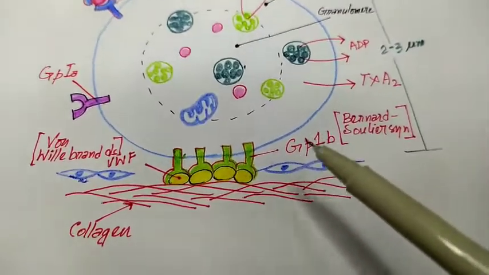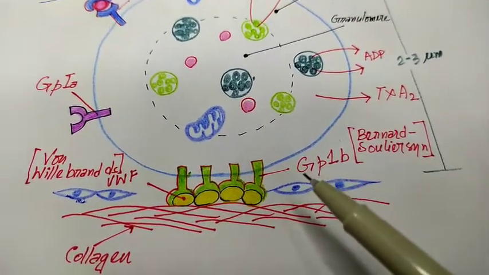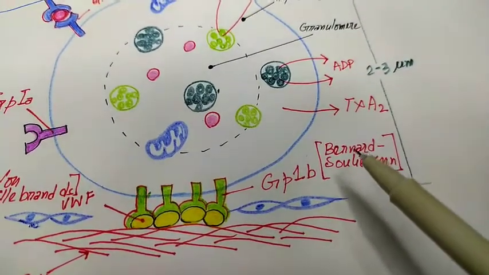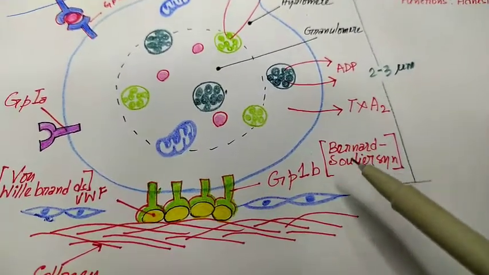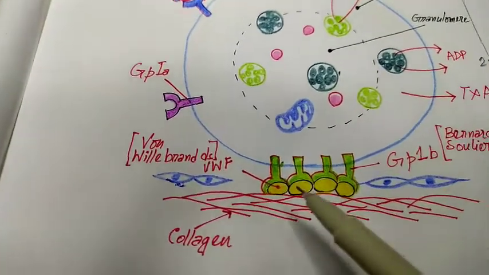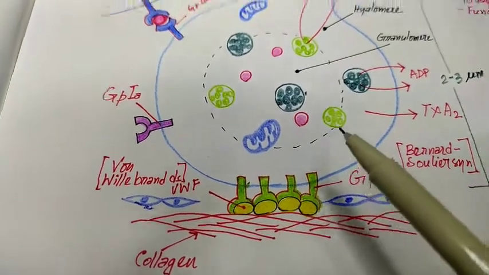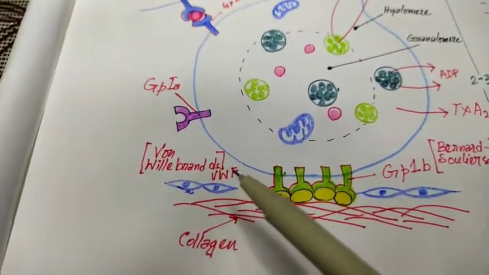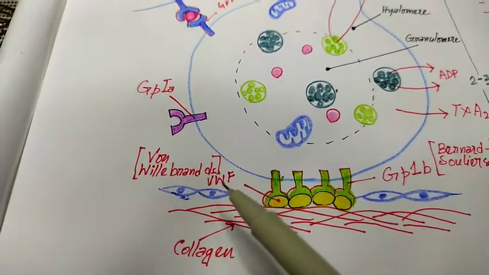If there is any deficiency or defective formation of the Gp1b receptor, then there is a syndrome called Bernard-Soulier syndrome. It will lead to some bleeding manifestations. Similarly, if there is deficiency of this von Willebrand factor, then the process of adhesion will not take place, and this will also result in a bleeding disorder that is known as von Willebrand disease.